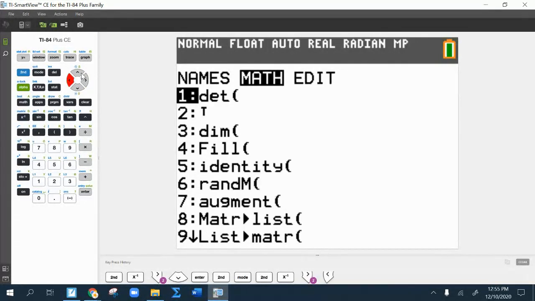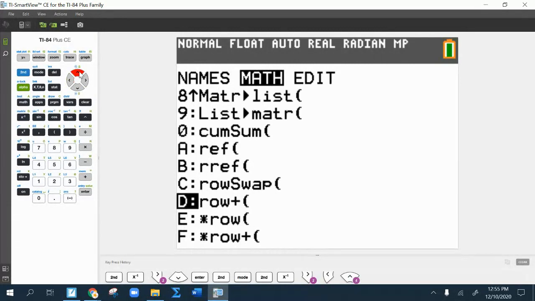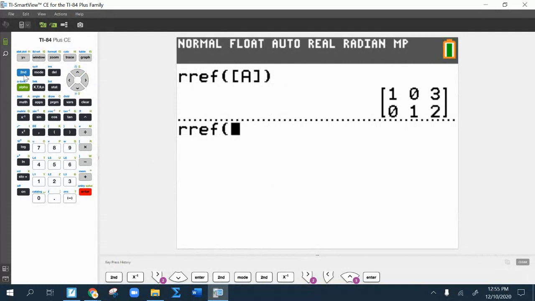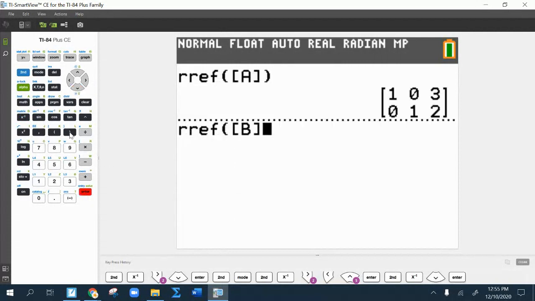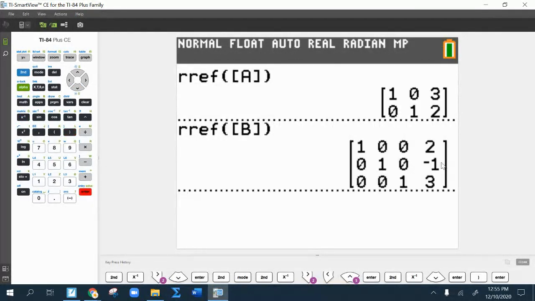Then I want to do RREF, so go over to math, go up to B, then I'm going to go back into the matrix. I'm going to use the matrix B that I created, and then these should be our answers. So I get A is 2, B is -1, C is 3.